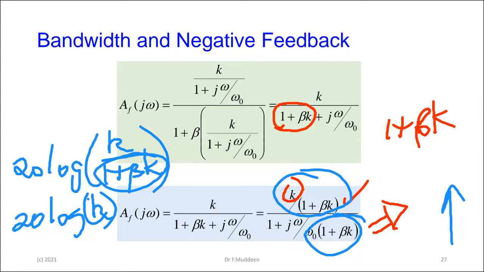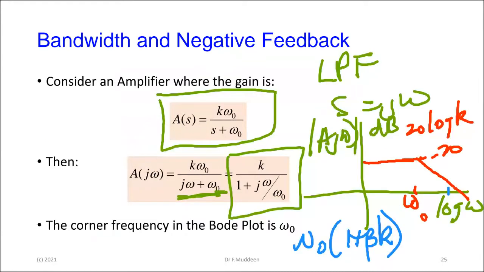So 20 log K over that is going to be a little bit less. So if you draw the Bode plot now, this is what's going to happen. The flat part is now 20 log K over 1 plus beta K, but ω0, instead of being here, has been magnified by 1 plus beta K, so it's going to be somewhere here. So the straight line response now is going to look like that.